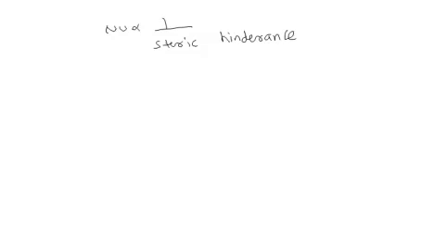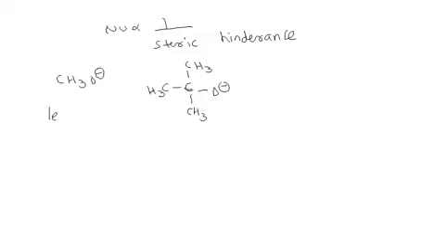Okay, here to explain this, I am taking the example CH3O minus and tertiary butoxide. So now here, it is a less bulky ion, and this is a bulky base.